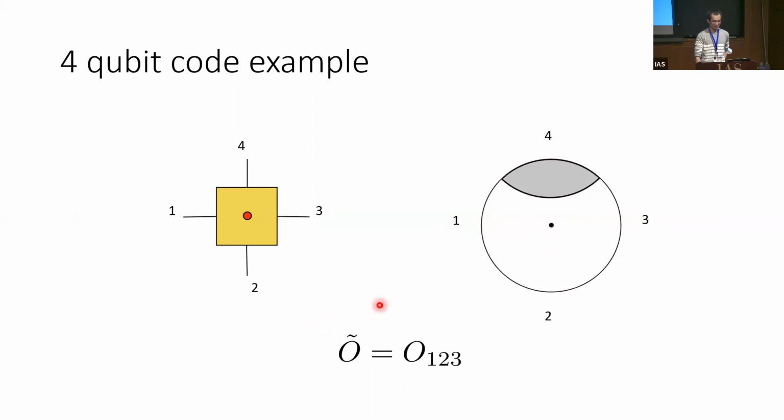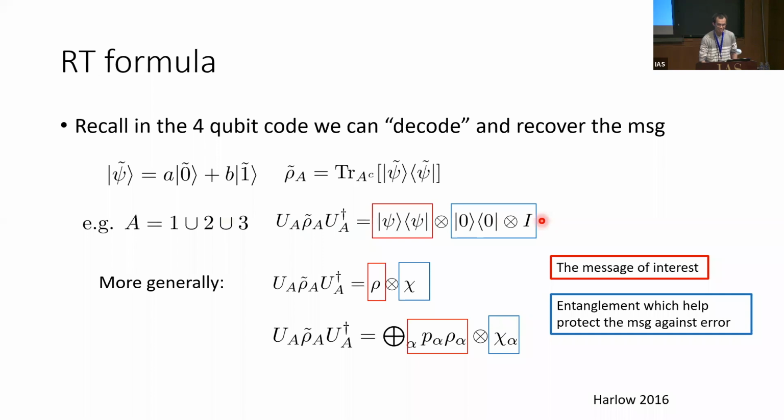So analogously, this is equivalent to the fact that if you have control over intervals 1, 2, and 3, you can reconstruct the information that's encoded here, which is precisely what we're seeing in the code. So these are analogous to each other, right? If you erase one of the intervals or one of the qubits, you can still recover the information that's inside.